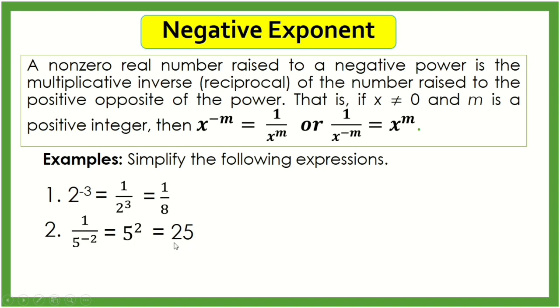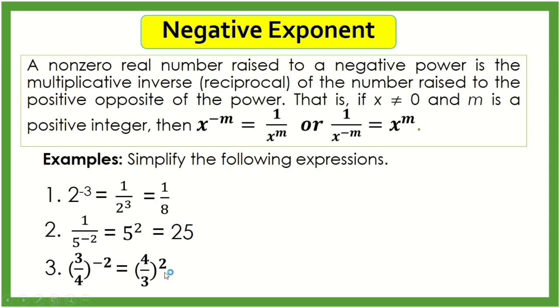Okay, number 3. The quantity of 3 over 4 raised to negative 2. Okay, so this is our base, 3/4. Kunin natin yung kanyang reciprocal. So we have 4 over 3. And then, raised to the positive opposite of negative 2. So, that is 2.